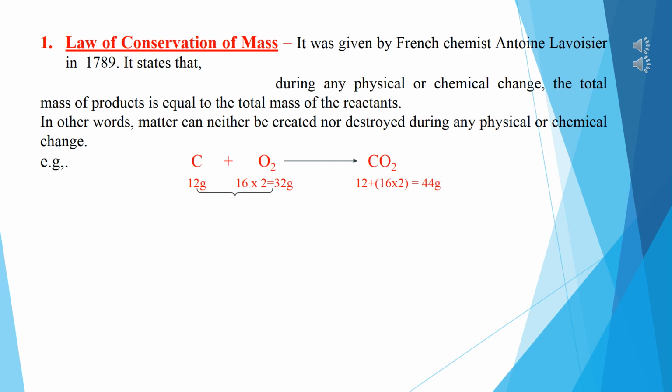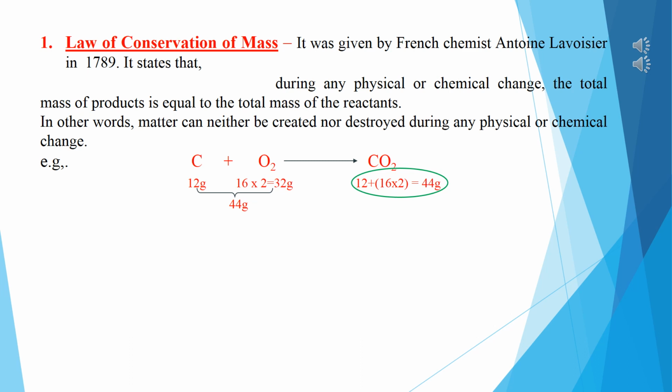So the total weight of reactants is 44 gram. So when carbon and oxygen combine to form carbon dioxide molecule, the gram molecular weight of carbon dioxide comes out to be 44 gram. So here the mass of reactants and products are equal.